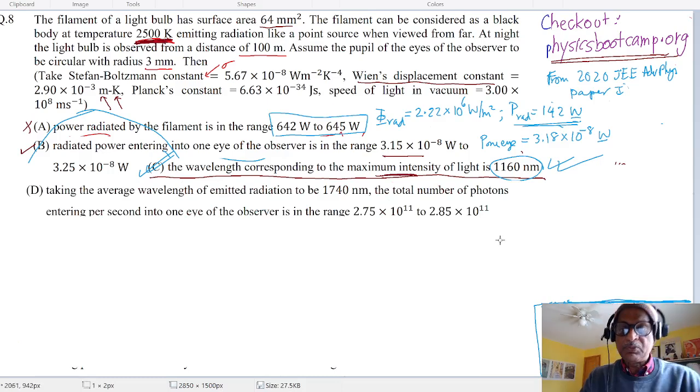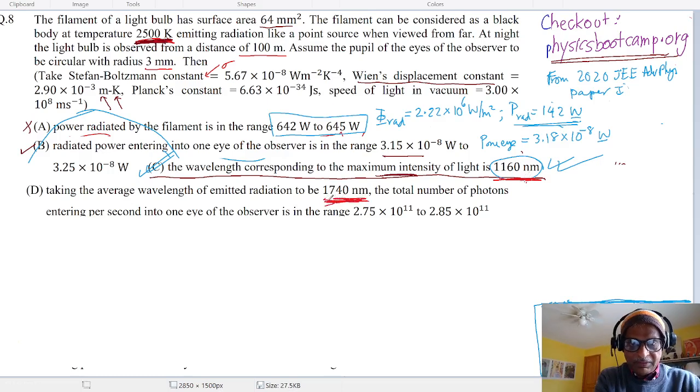Okay, so we're supposed to now say, all right, we got all kinds of wavelengths, and the maximum happened at that one, but you can say that we just want to count the number of photons entering my eye. That's this problem, and instead of that, just take some average wavelength, which is this. I don't know how they average this, but this is what's given in the problem. So if all the photons entering had this wavelength, that's what we can assume.